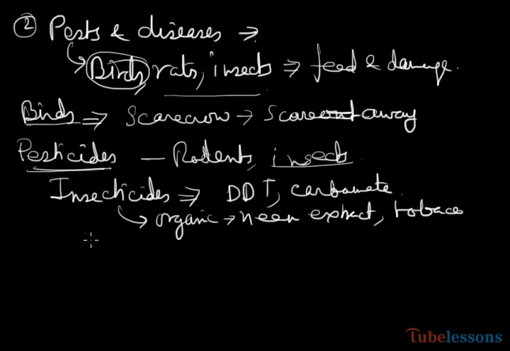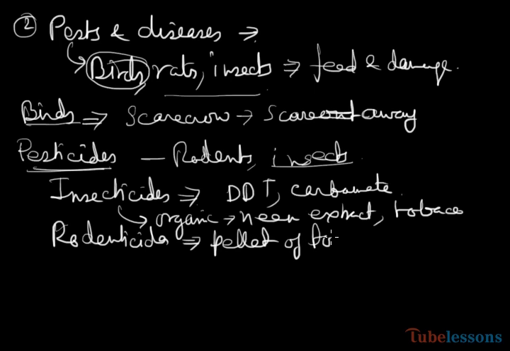Next, we come to rodenticide. Another group of pesticide is rodenticide, to kill the rodents or rats, used in the form of poison baits. Little pellets of food mixed with rodenticides are strewn around the area where grain is stored.